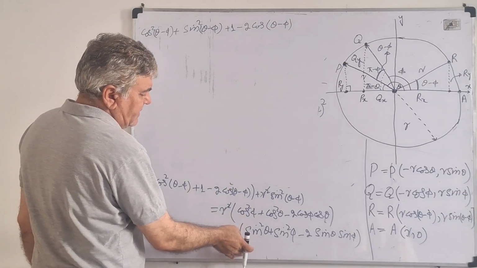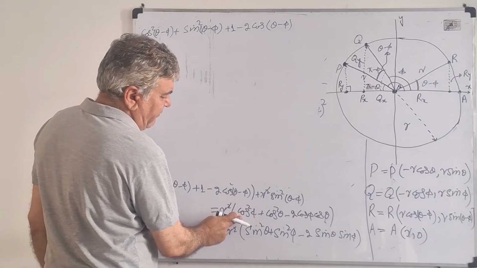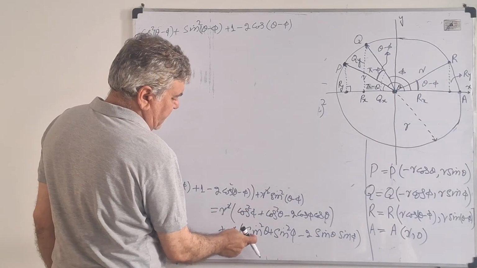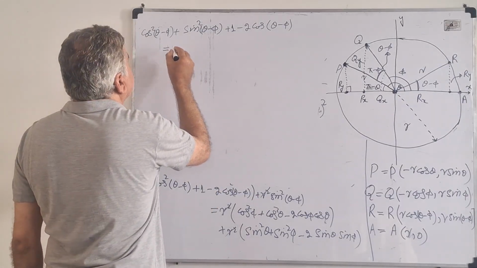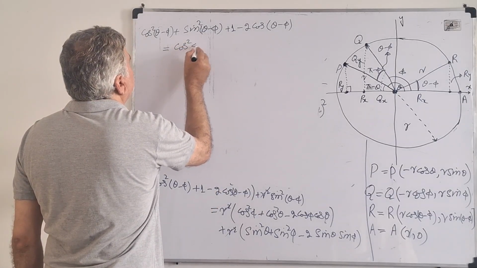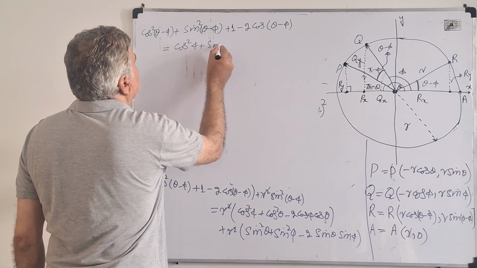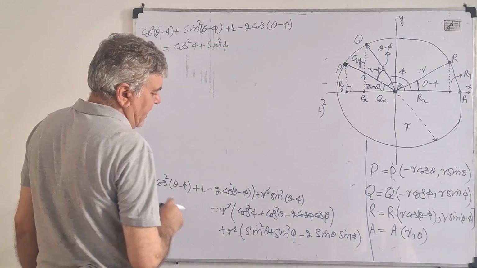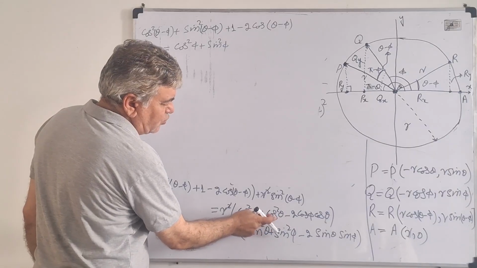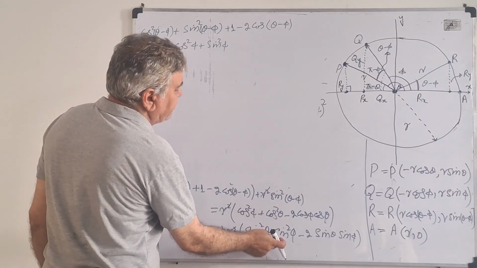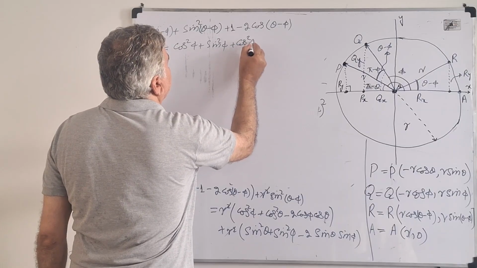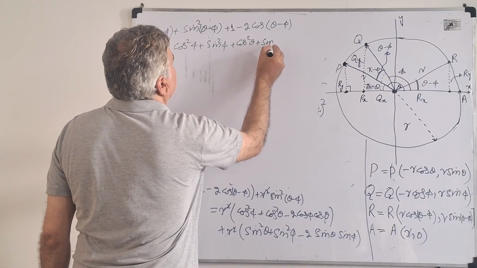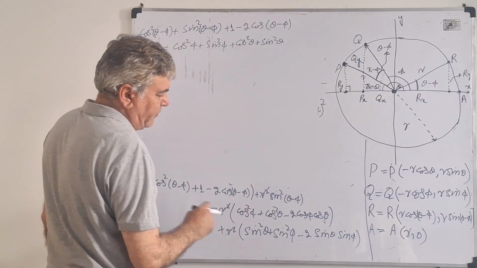And on the right side, I have cos squared phi and I have sine squared phi. So I write the right side like this, cos squared phi plus sine squared phi. And then I have cos squared theta, and here I have sine squared theta, so I write cos squared theta plus sine squared theta.